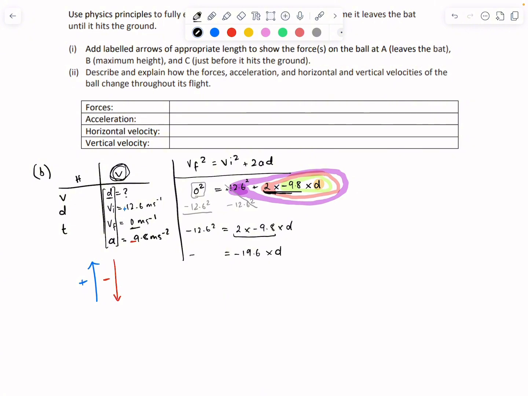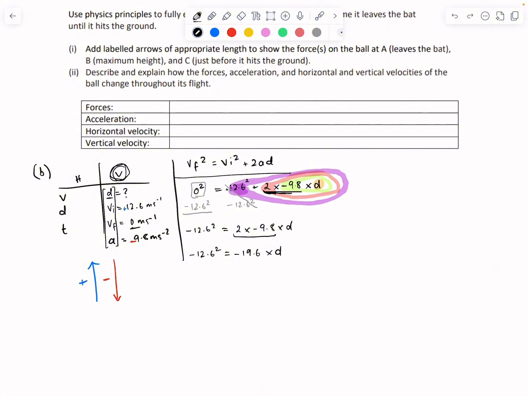We've simplified that layer, and this is what our equation looks like right now. So now that I've squished these two layers together, I could get rid of this thing altogether to be left with the core, negative 19.6 times d.